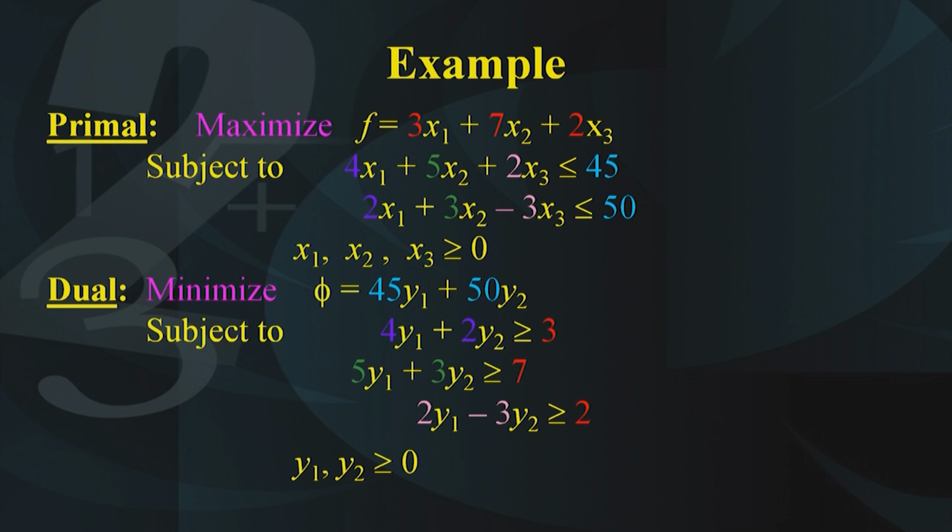Then the right hand side of the primal has become the coefficients of the objective function in the dual. Also, the Aij matrix in the primal has become its transpose in the dual.